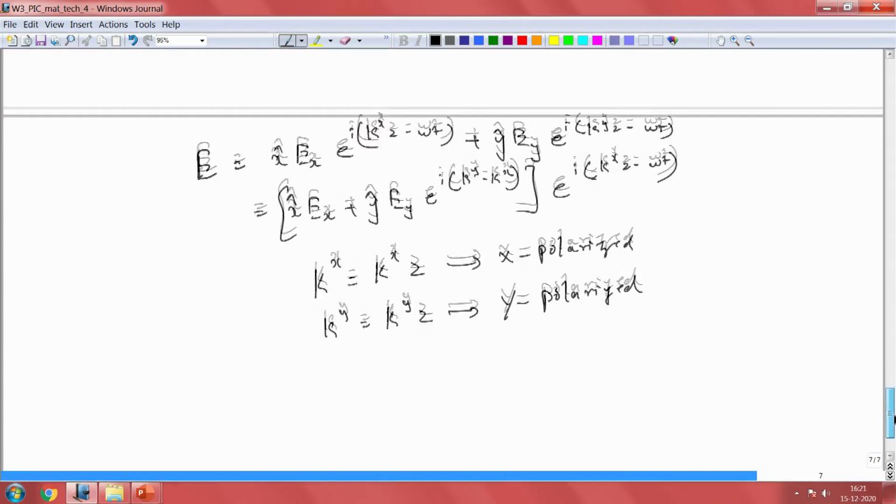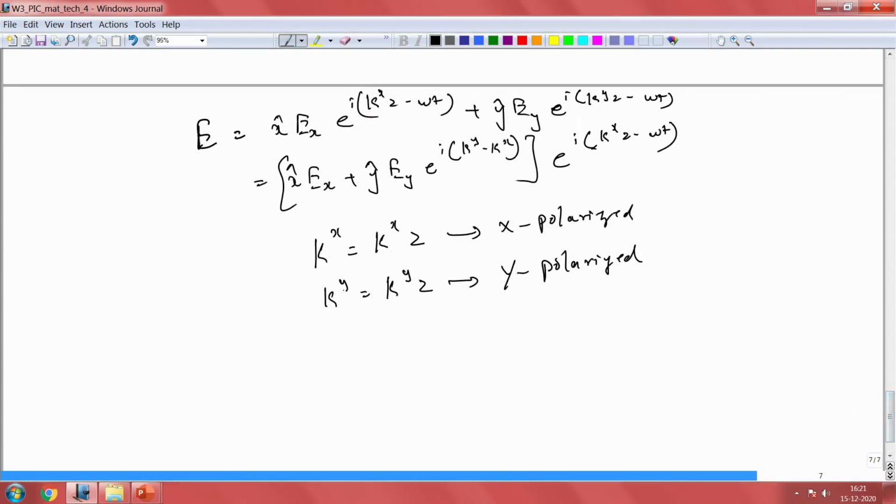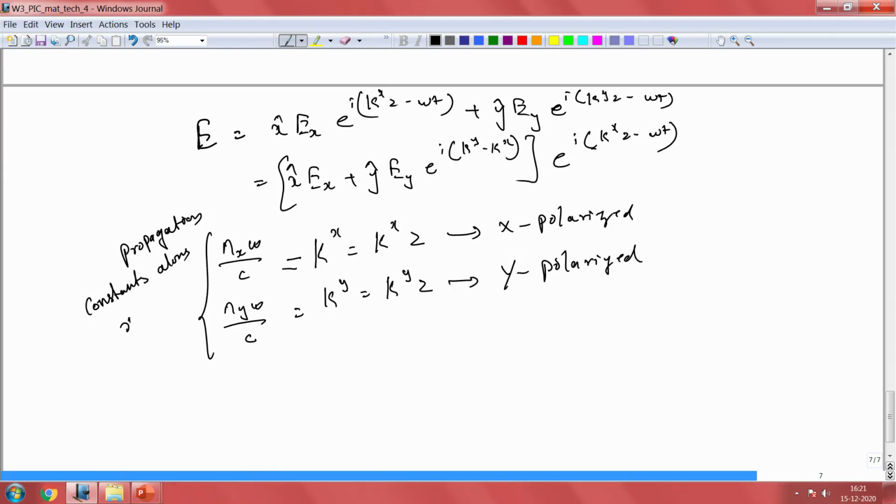So what is the actual ky and kx? kx is nothing but nx omega over c, and this is ny omega over c. So these are all propagation constants along X and Y.